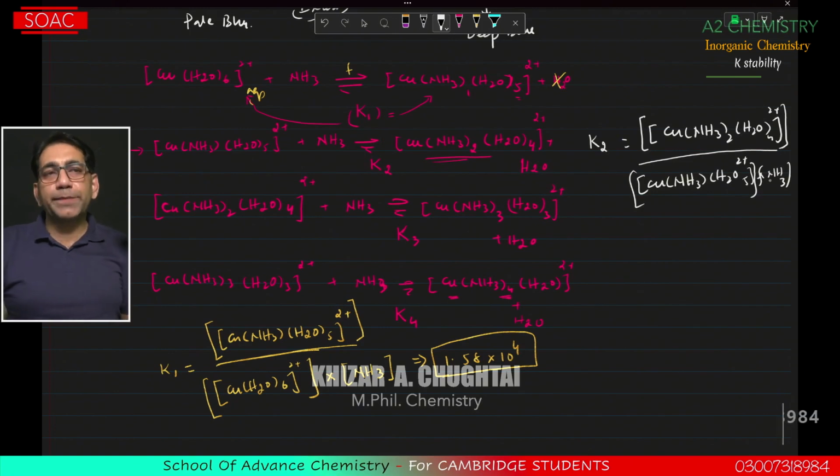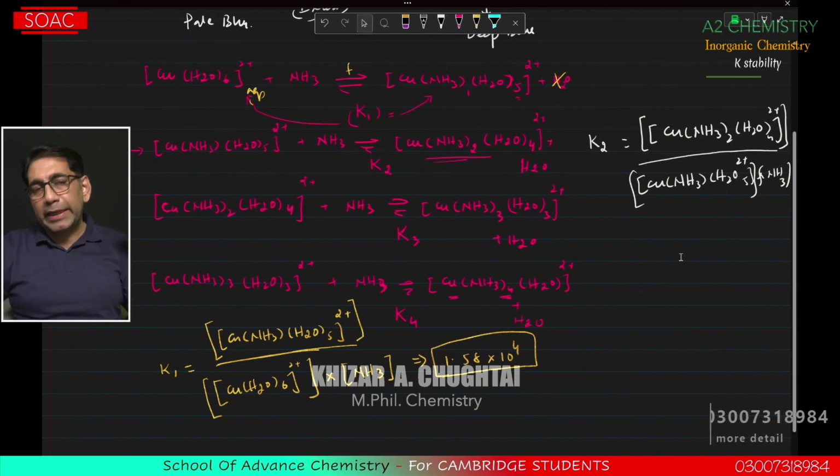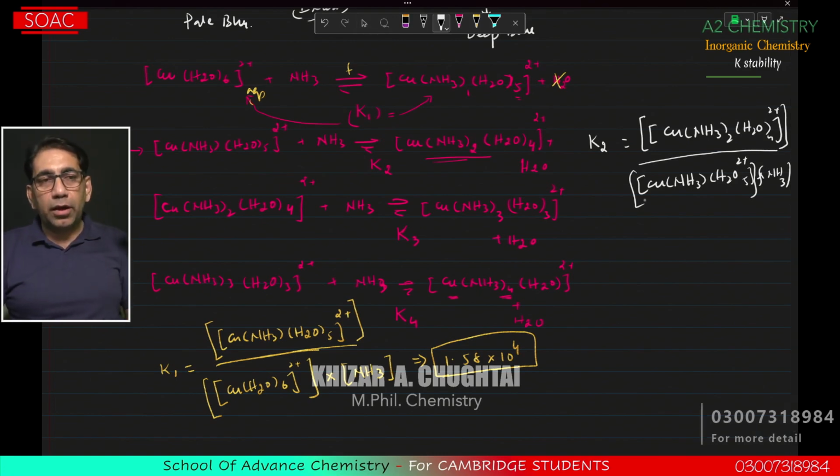So this is the true expression of K stability, K stab for the second step, and its value is basically 3.2 into 10 raised to power 3.